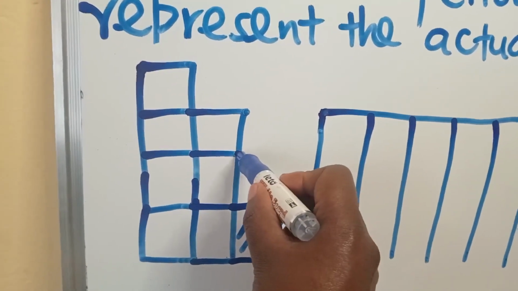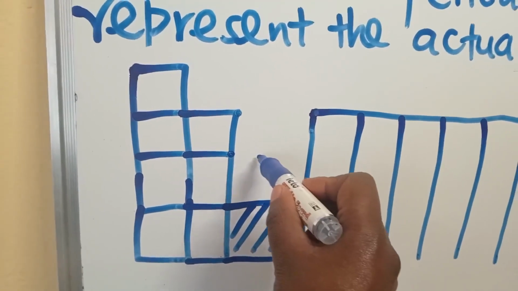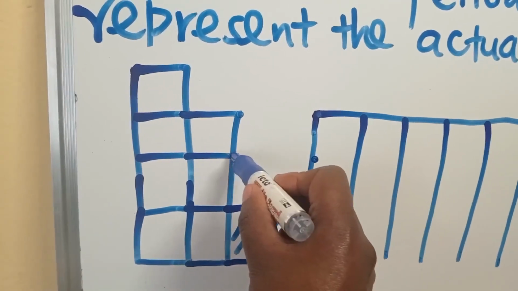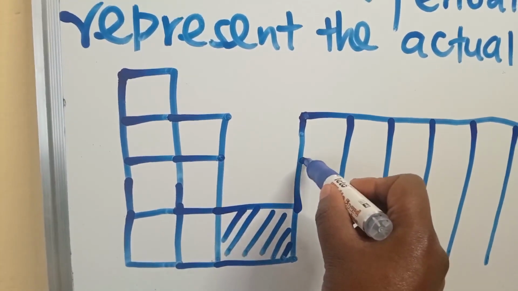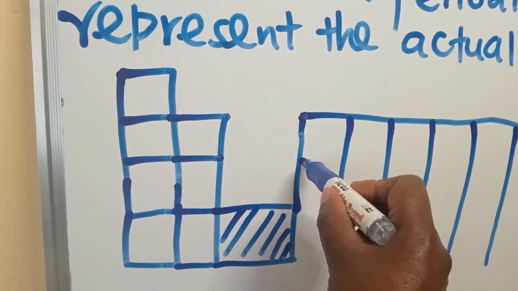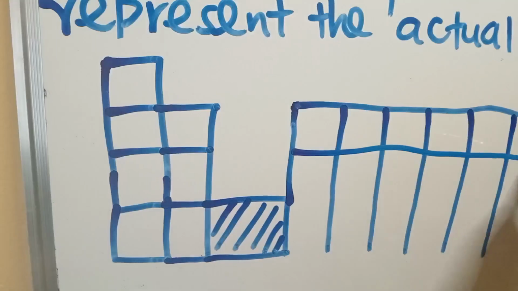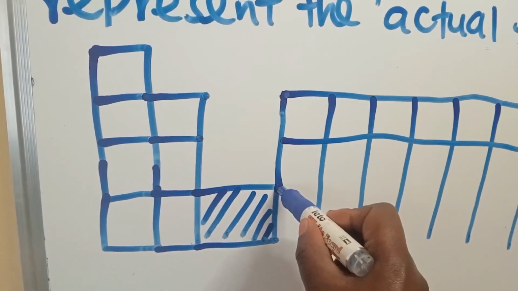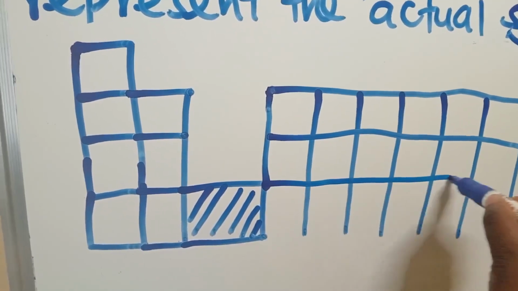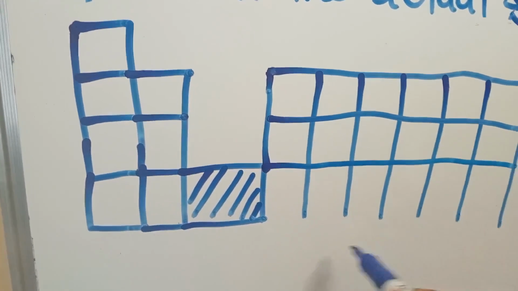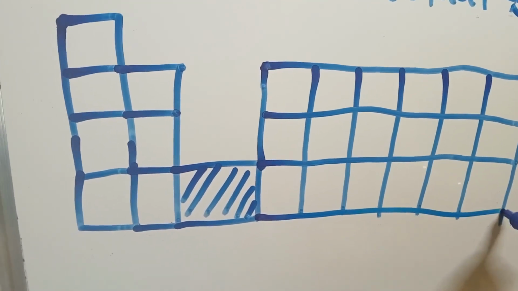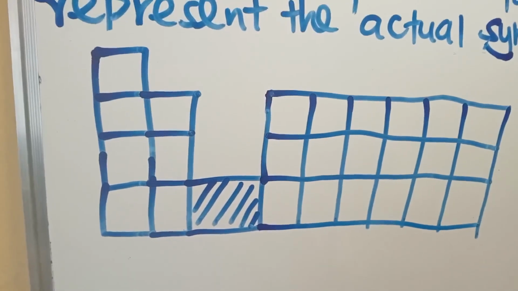Then there is this line. Again, you're not supposed to extend it, but once you reach here, a line that is a continuation of that line, then you extend it to the end. You come down here, you again extend it to the end. Down here still, you extend it to that end.